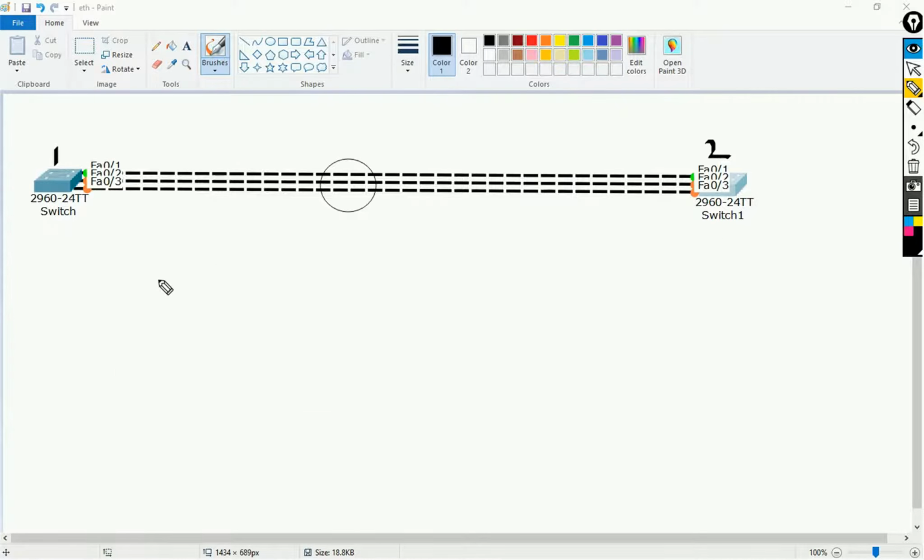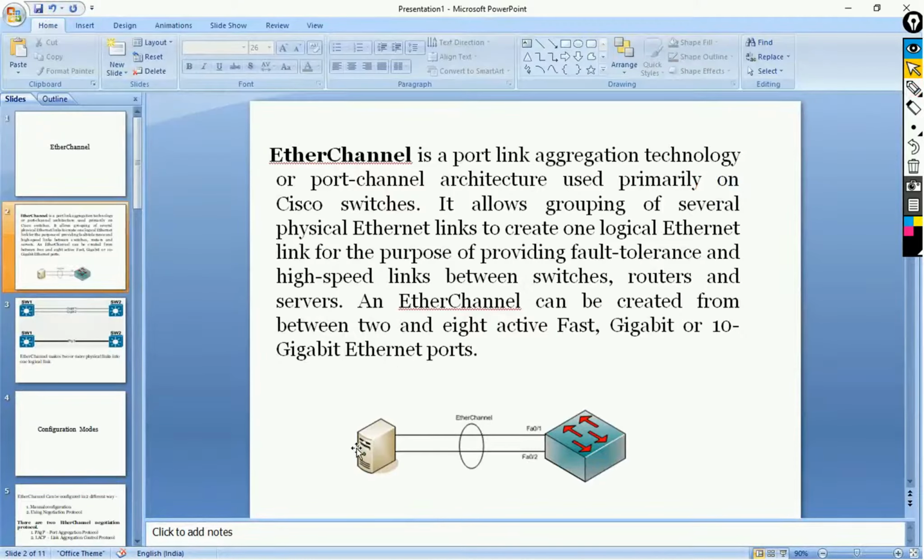So EtherChannel is really a part of STP. Now you have brief knowledge about STP, and EtherChannel always does bundling.